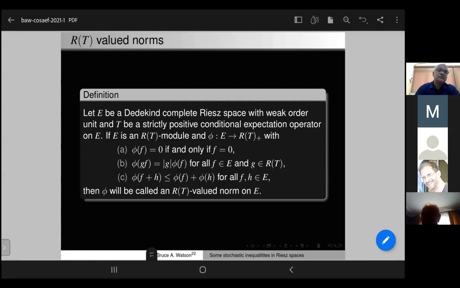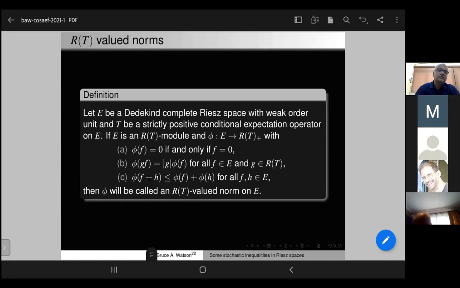If we start with E being a Dedekind complete Riesz space with weak order unit, and we have a strictly positive conditional expectation operator T on E, and we have further that E is an RT module, and phi is a function from the original space E to the positive cone of the range of T, with it being positive in the sense that phi of F is 0 if and only if F is 0.